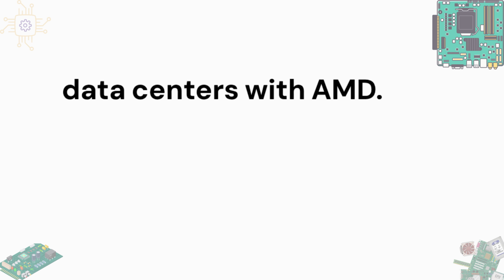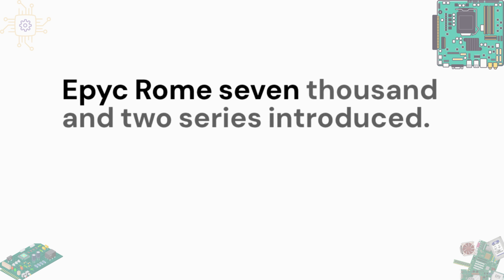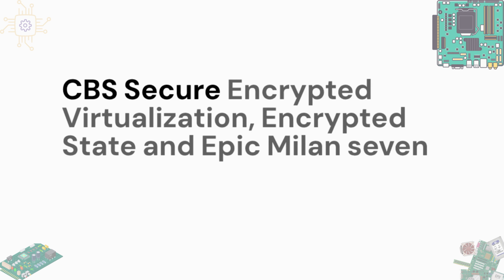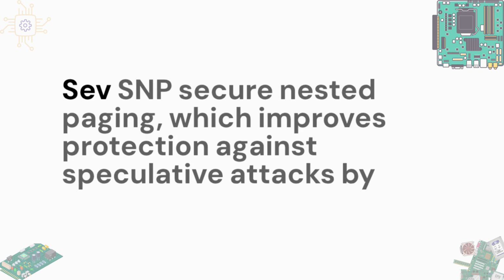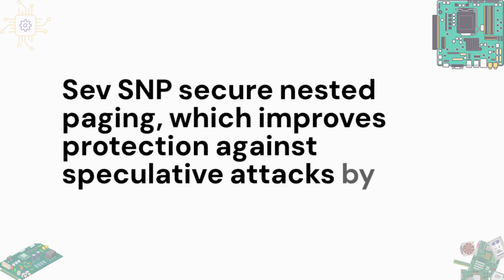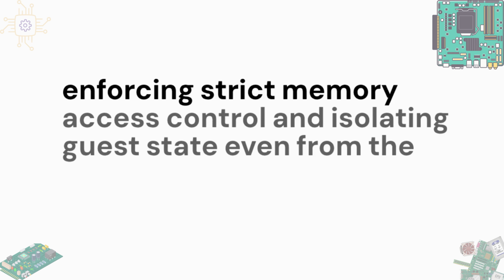The AMD EPYC Rome 7002 series introduced SEV-ES, Secure Encrypted Virtualization Encrypted State, and EPYC Milan 7003 series added SEV-SNP, Secure Nested Paging, which improves protection against speculative attacks by enforcing strict memory access control and isolating guest state even from the hypervisor.